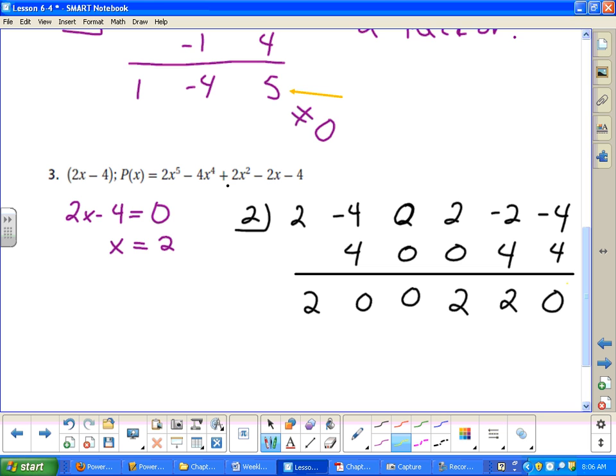So since this is 0, that means that 2x minus 4 is a factor of this polynomial.